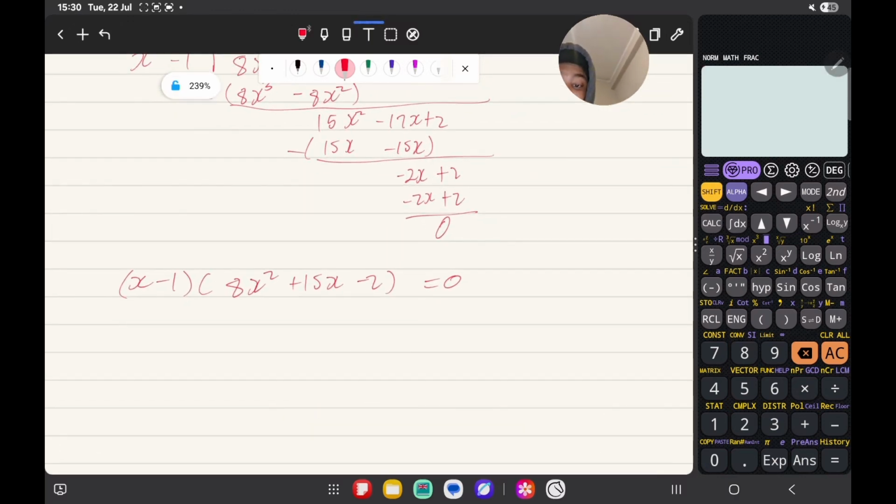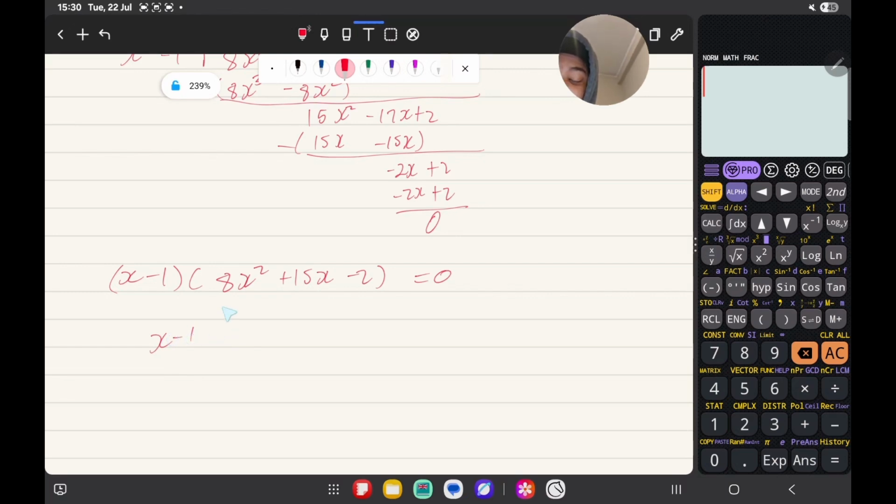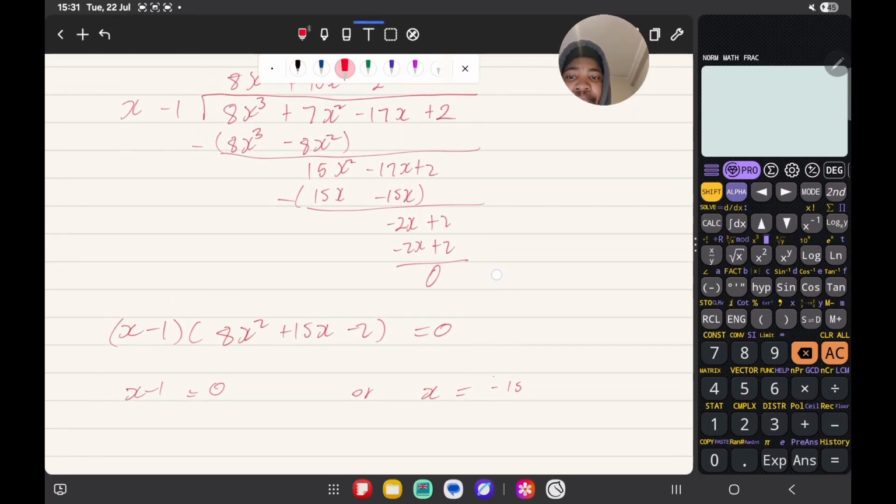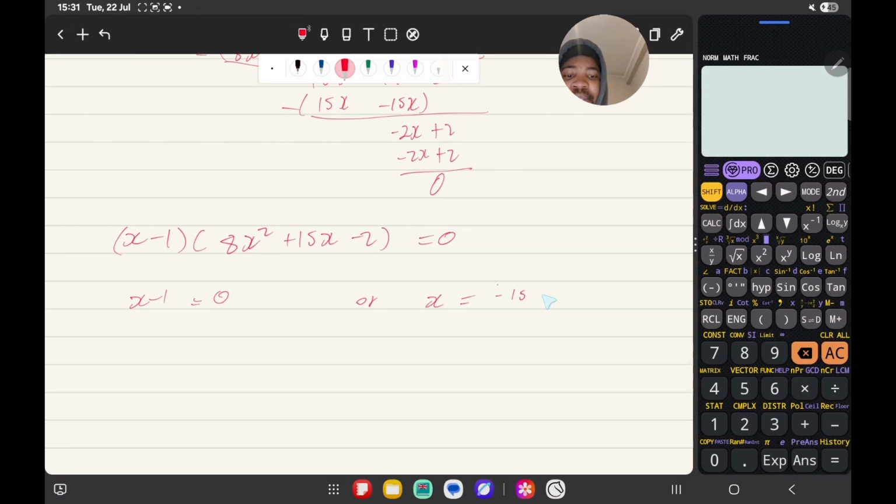So you know that here x minus 1 equals 0. Oh, and then x is gonna be minus 15 plus or minus the square root of 15 squared minus 4 into 8 into minus 2, over 2 into 8.